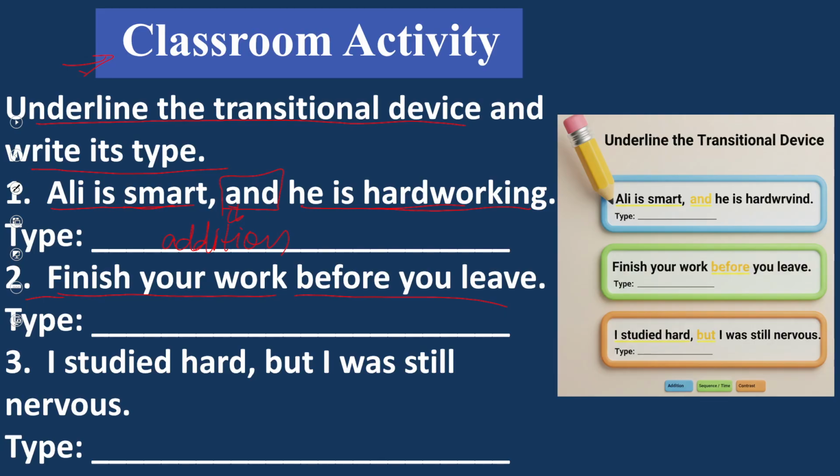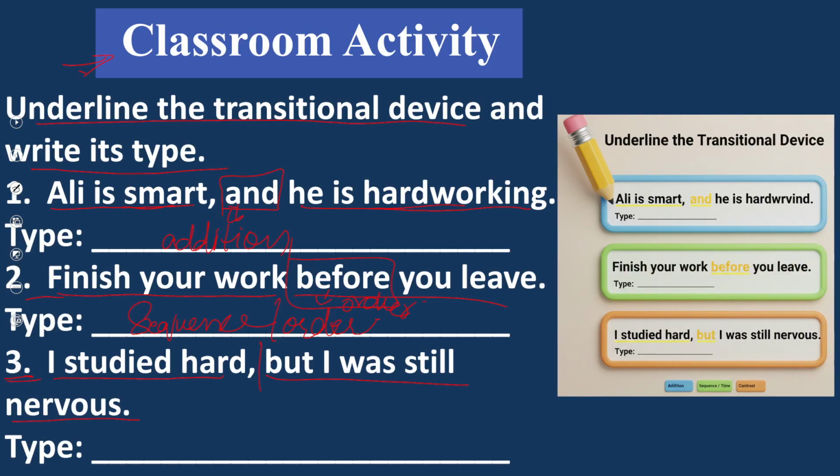Now, example number two: finish your work before you leave. Yes, before is telling about order. This is our transitional device here. And this transitional device is called what? Sequence transitional device, the transitional device which is telling us about order. And example number three: I studied hard, but I was still nervous.